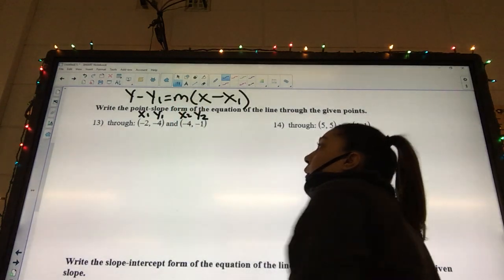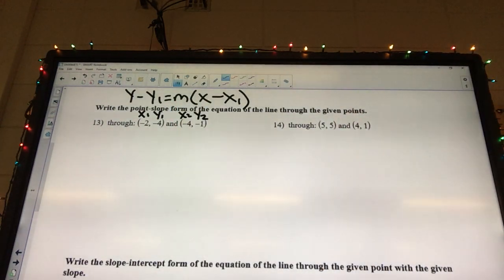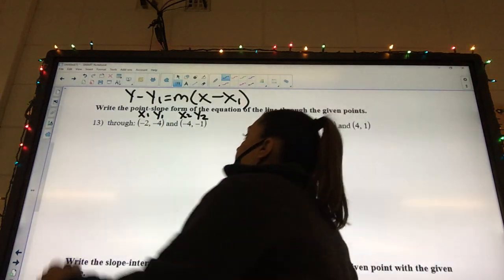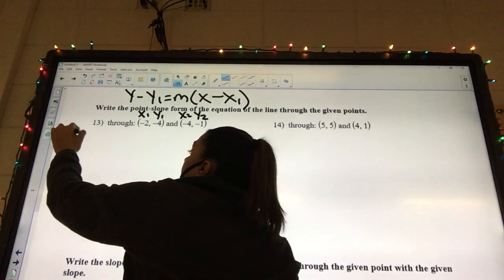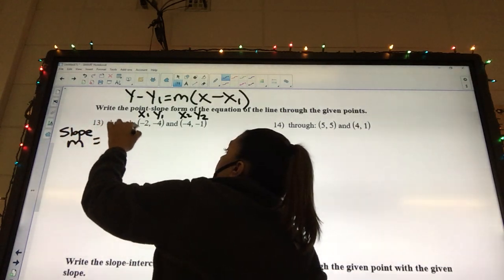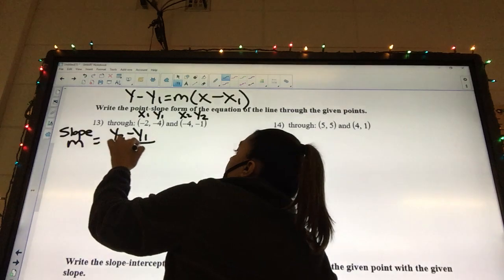You gotta find the slope. Yeah, you gotta find the slope. Okay, so there's only one formula that uses these. Okay, and that's the slope formula. We use the letter m, so I got y2 minus y1 over x2 minus x1.